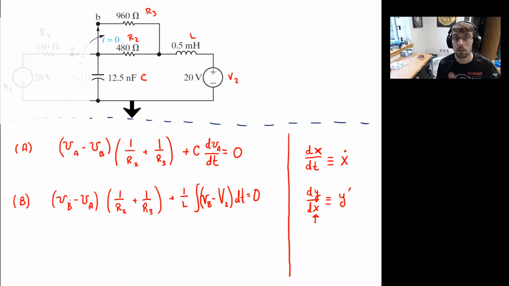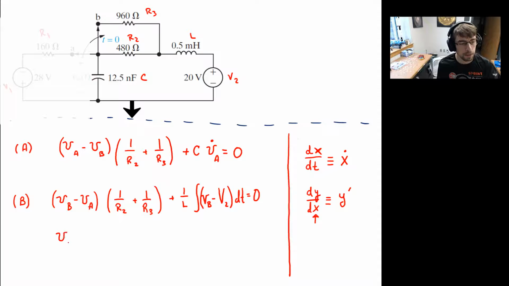So I'm going to take a time derivative of the second equation. And you can see this first equation, instead of writing that d dt, I'm just going to write VA dot. The second equation, I'll take a time derivative.